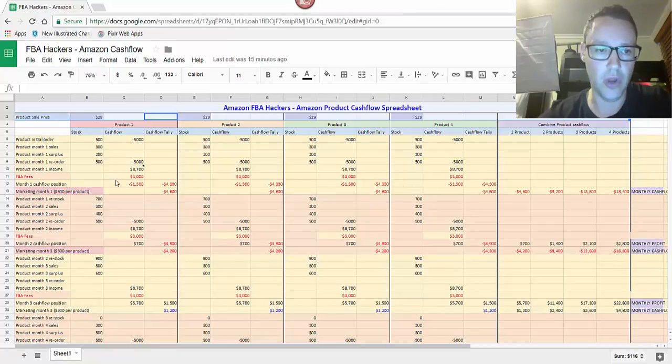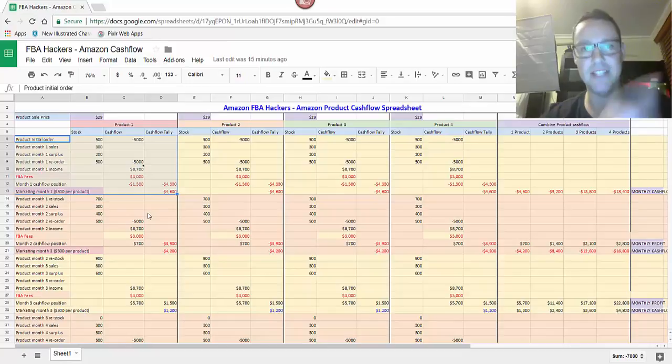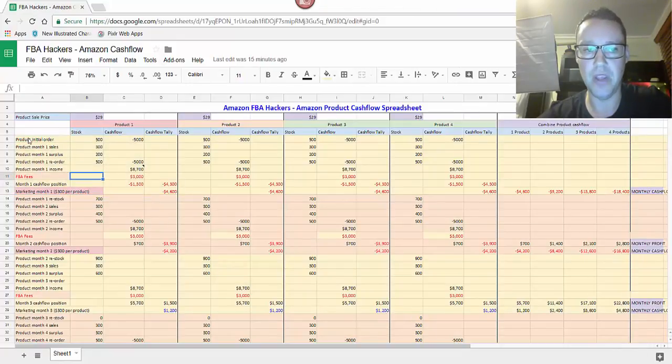If we look at these rows 6 to 13, this section here represents either 1 month or 1 cycle. It's probably easier to think of it as a month because it's not really a full cycle. But let me explain what a full cycle would be. You've got your initial product order of say 500 units here.